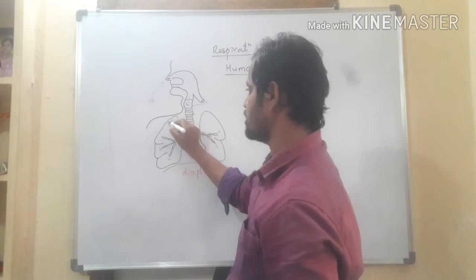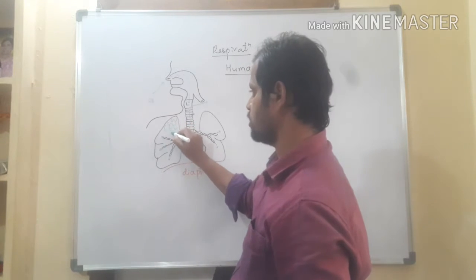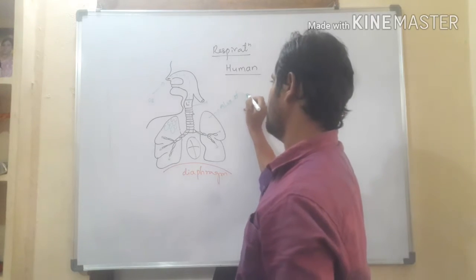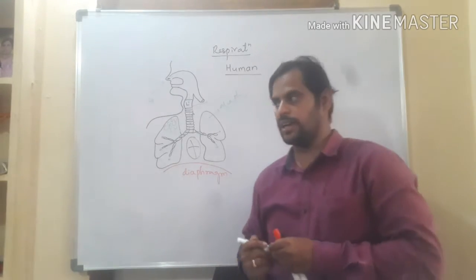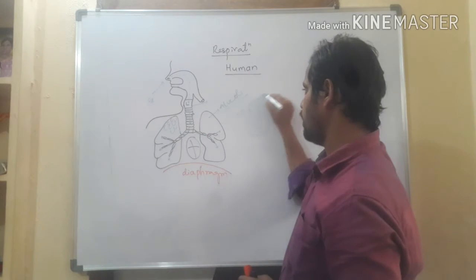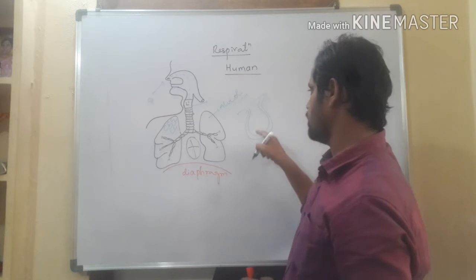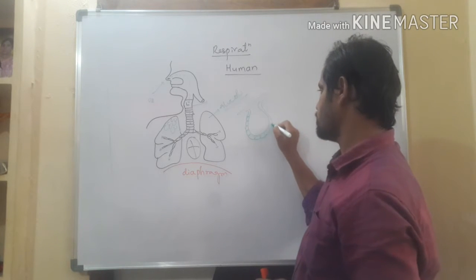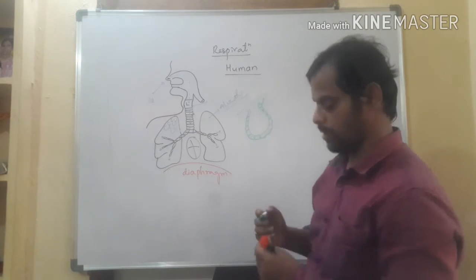The lungs contain air sacs, small balloon-like structures called alveoli. In alveoli the oxygen enters. I am drawing one alveolus here, and a blood vessel surrounds the alveolus.